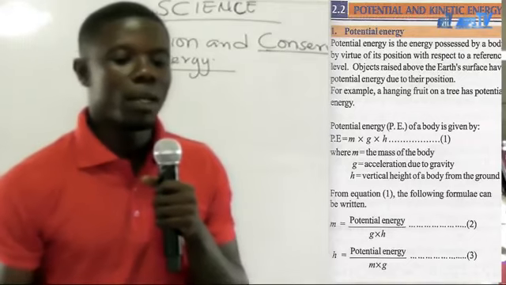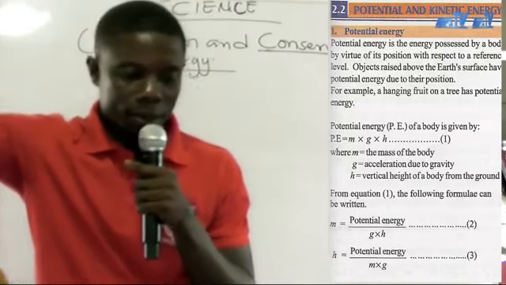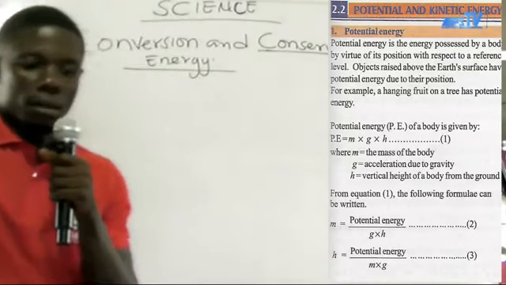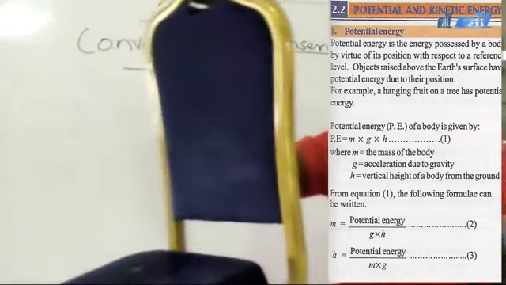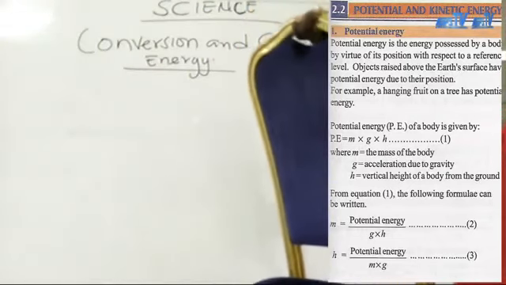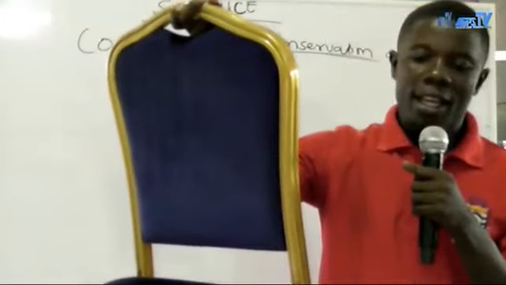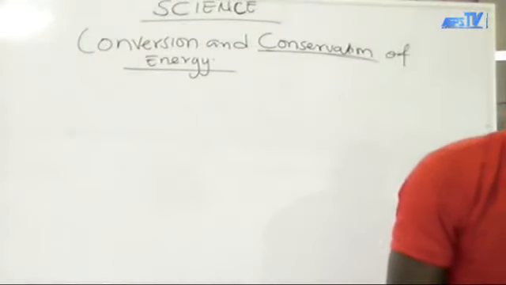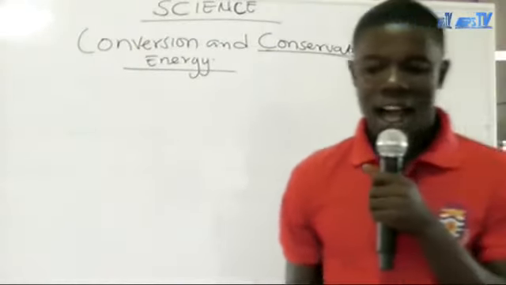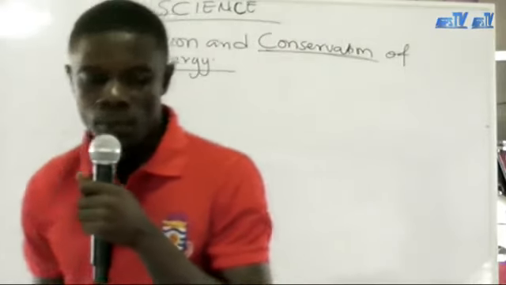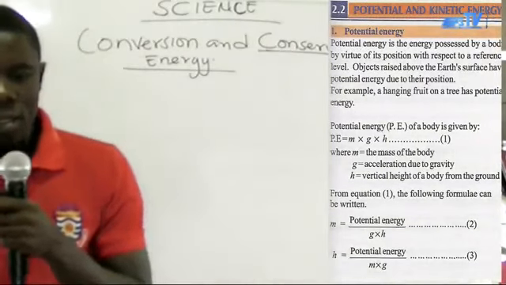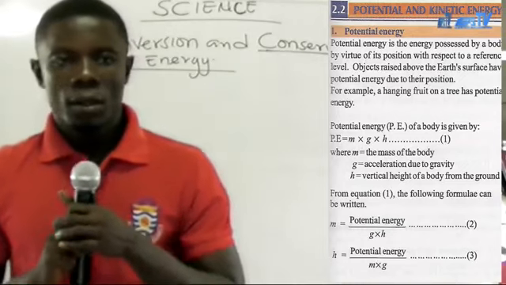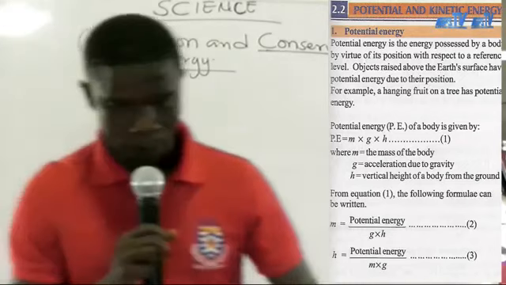And if you lift up a chair like this, the energy possessed by this chair is potential energy. So potential energy is energy possessed by an object or a body by virtue of its position.